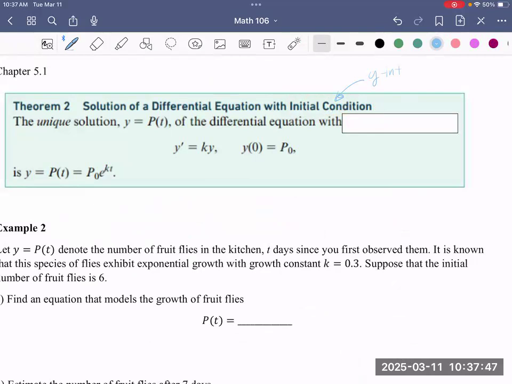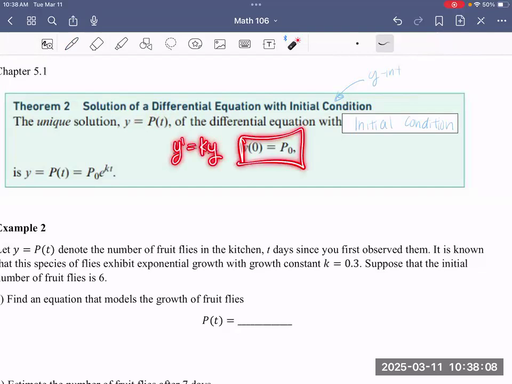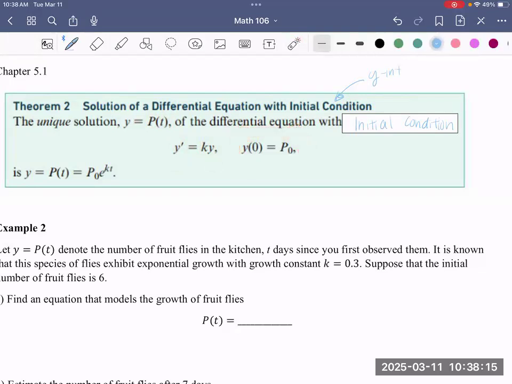So the unique solution is y is equal to p of t, your original function of the differential equation with this, again, initial condition. They're going to be telling us in the future that we have some sort of derivative when your initial function starts at a particular value. And again, that's just saying that here. This is y of 0 or p naught.